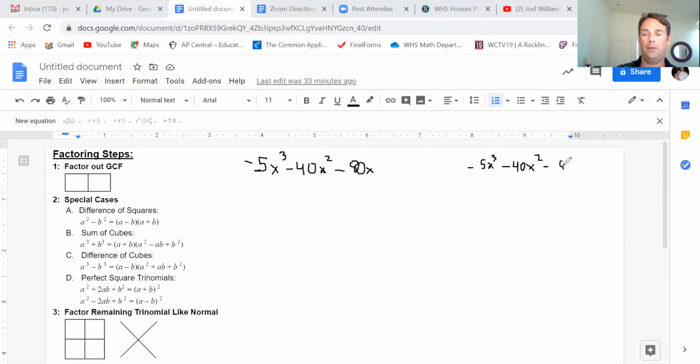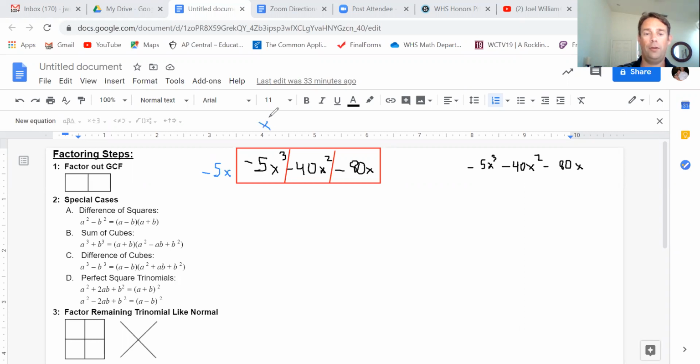There it is. All righty, friends. So the first thing we always do, and by now we should be used to this, is we look for the greatest common factor. And when we do our greatest common factor, I'm noticing that a -5x can come out.